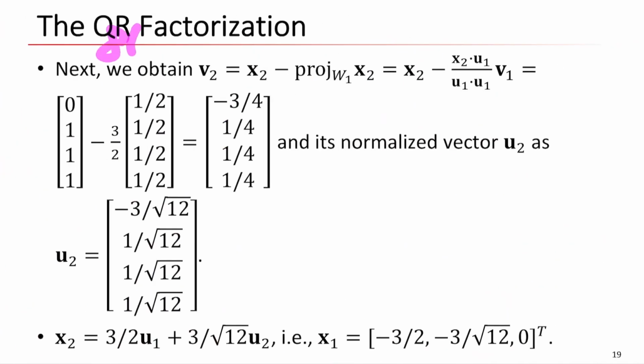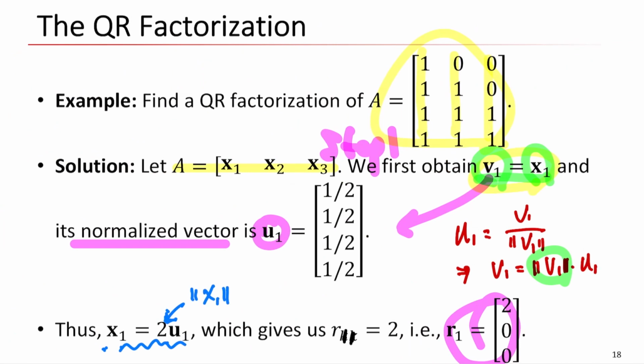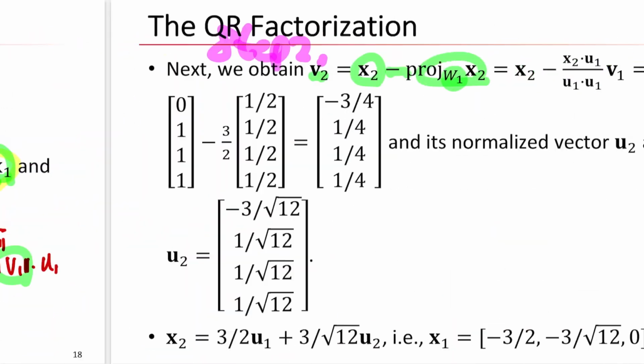In the second step of the Gram-Schmidt process, v2 is equal to x2 minus the projection of x2 onto the space W1 spanned by u1. Let's think about the space spanned by u1, because we want to find the orthonormal basis set.